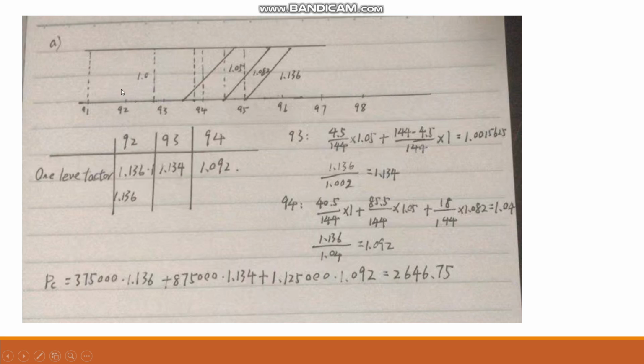In this period the average rate is 1, and in this part the rate is 1.05, and since the rate changes again on July 1 of 1994, the rate becomes 1.082, and the last rate is 1.136.